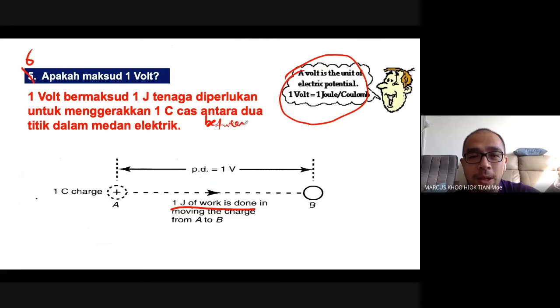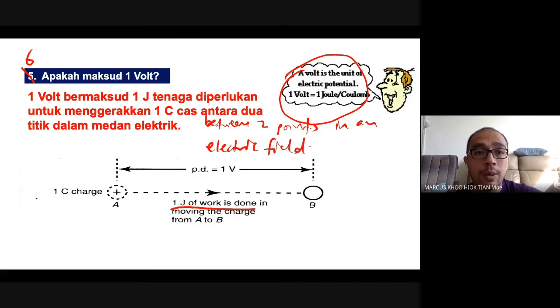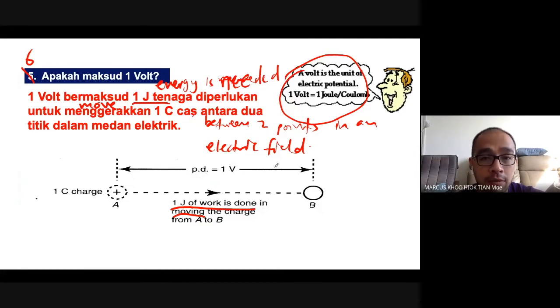2 points. And this is the important one, in an electric field. So what is the meaning of 1 volt? 1 volt means 1 joule of energy, or 1 joule of work, is needed to move 1 coulomb of charge between 2 points in an electric field.